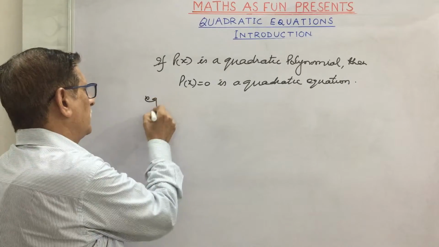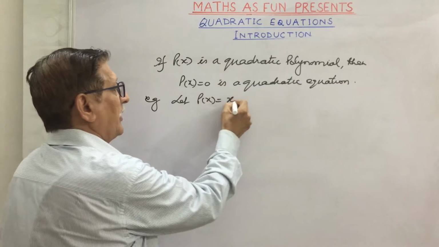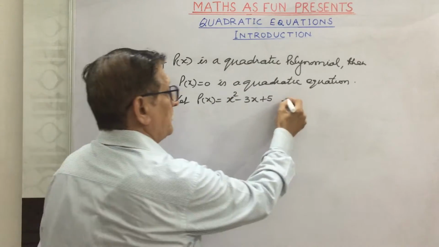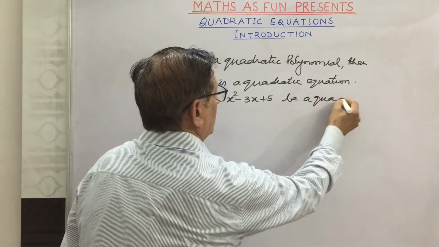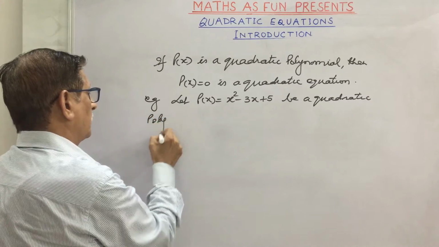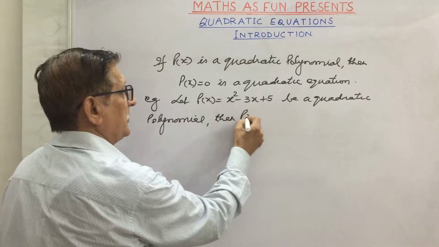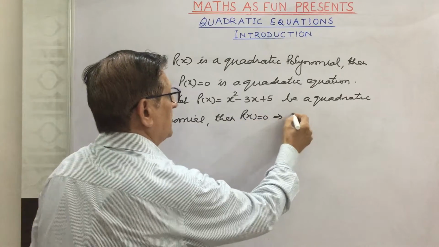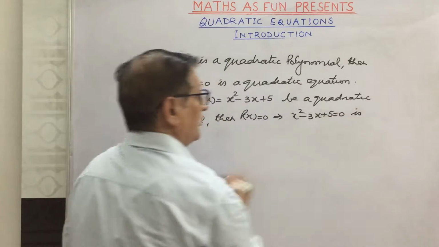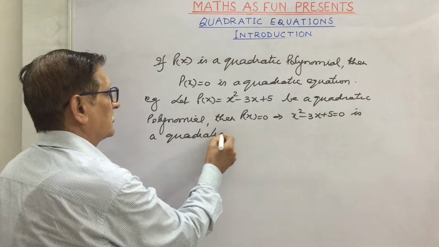For example, let P(x) = x² - 3x + 5 be a quadratic polynomial. Then P(x) = 0, it means x² - 3x + 5 = 0 is a quadratic equation.